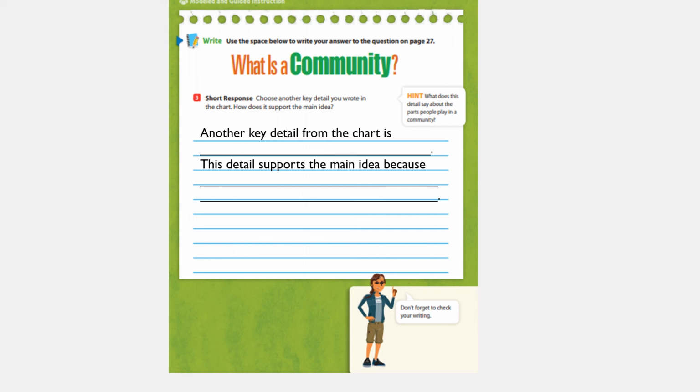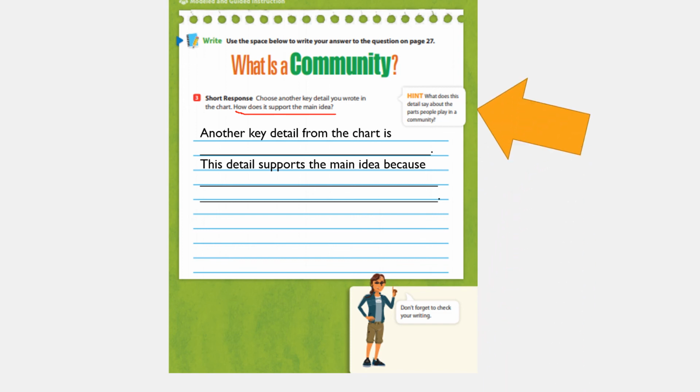And then the second sentence needs to answer this second question. This detail supports the main idea because or by, and that's where you need to tell me the detail that you picked, how does that show that that person is a part of the community?